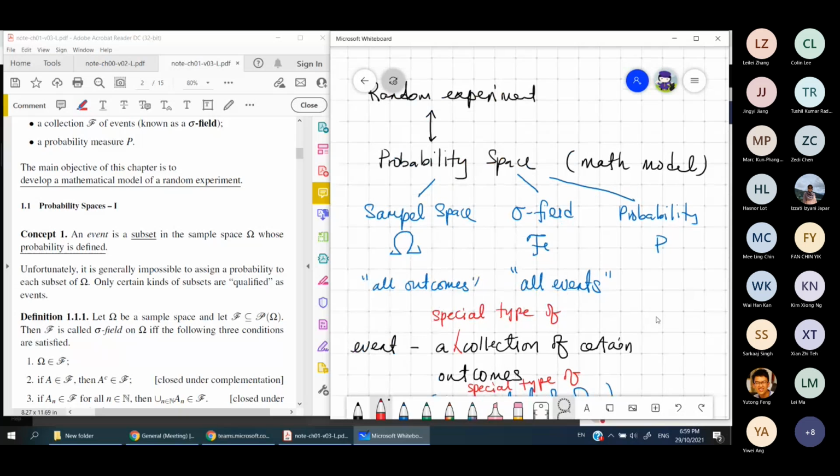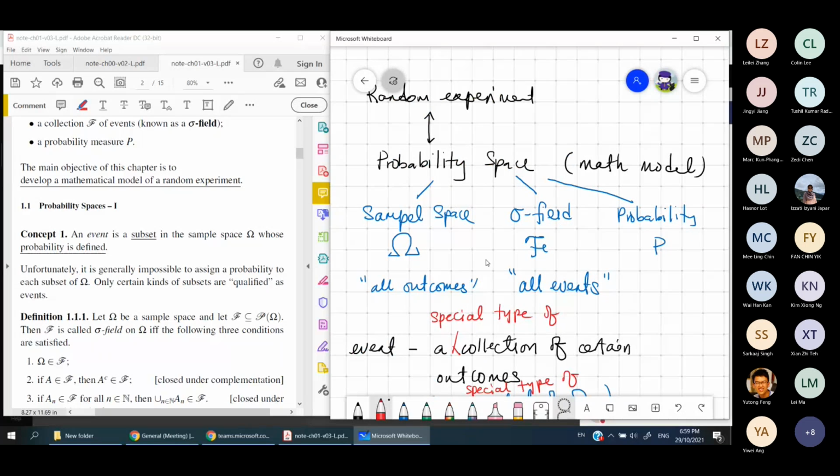I just give you an idea of what all these things are. Later on, I'm going to go through the actual definitions one by one. The reason, from my experience, is that I don't know your backgrounds, and some of you are not from mathematics, maybe engineering, so your training in mathematics might not be that substantial.